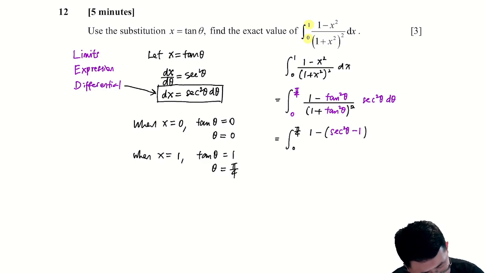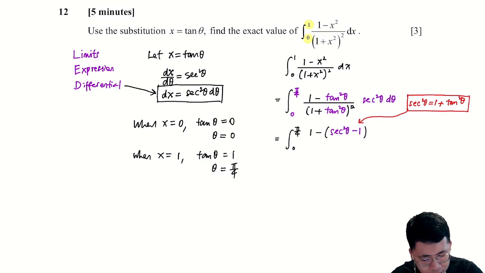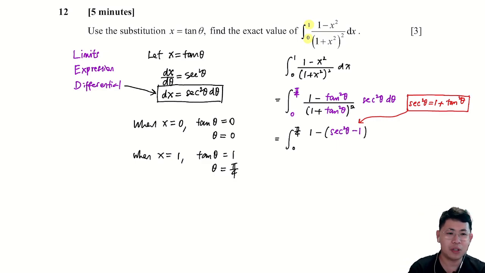Where is this from? This is from the identity secant square theta equals 1 plus tangent square theta. Because we cannot integrate tangent square, we'll need to change it to secant square to integrate.